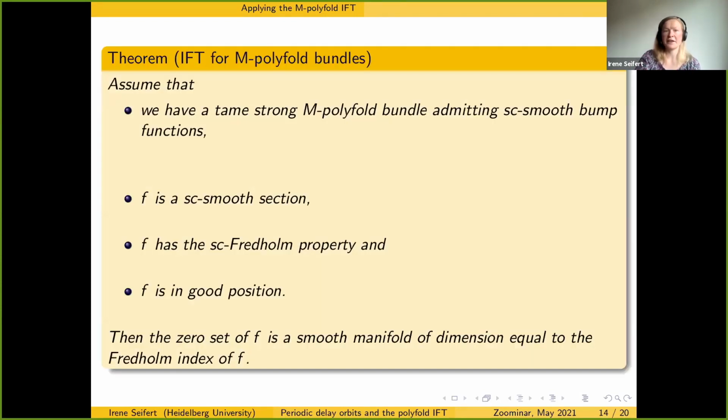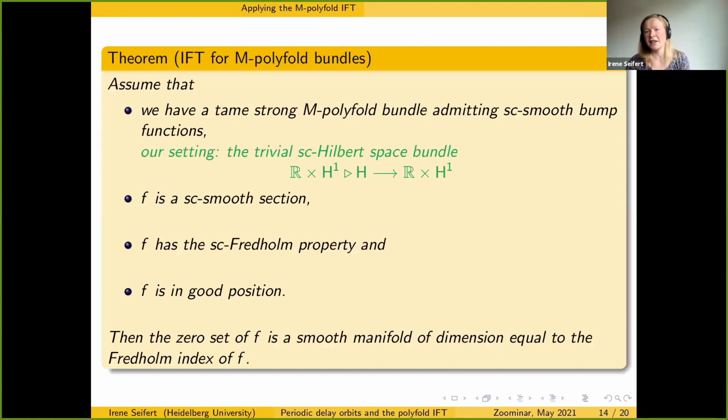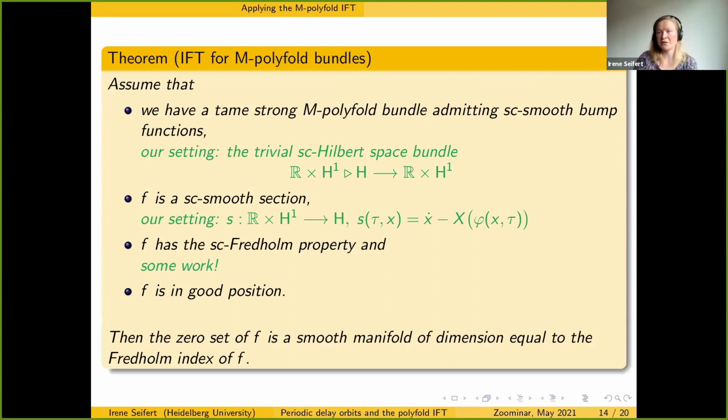So here's again the implicit function theorem. We have this trivial scale Hilbert space bundle. We have the section. For the Fredholm property, we need to work. And the meaning of good position in this very easy setting really means just that we need to get transversality in the given solution.